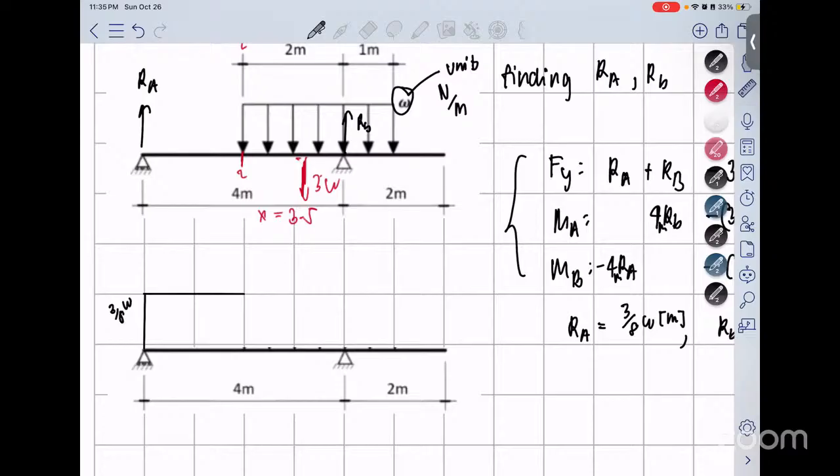Again, since naka degree 0 na loading, meaning the curve of the shear diagram has to be degree 1, so it's sloping up or down. It's sloping down kasi this is negative, right?